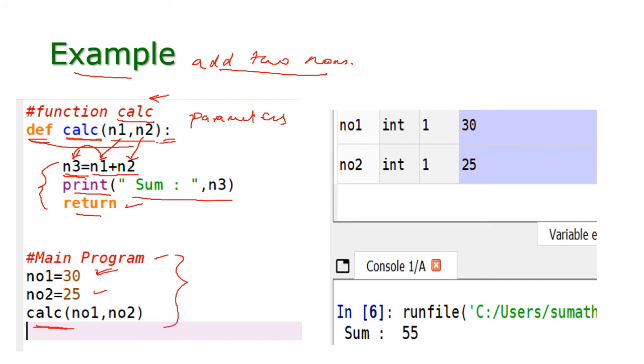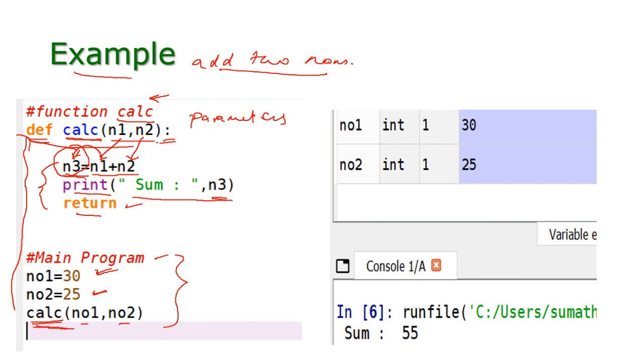So we have created two variables n1 and n2, and with these two variables I am going to call the function calci. Now the control goes to the definition, calci of n1 comma n2. n3 is a new variable here. In n3, n1 plus n2 will be added and stored, and the n3 value will be printed here.